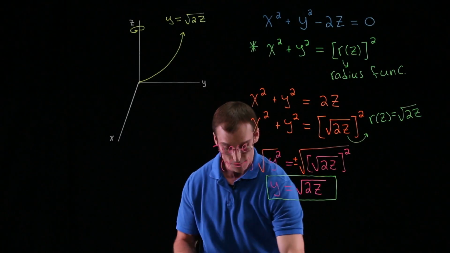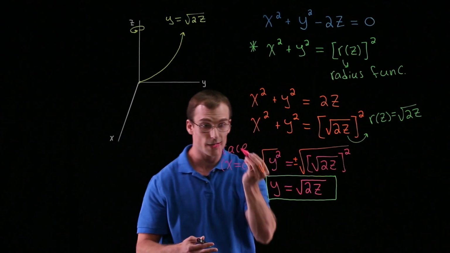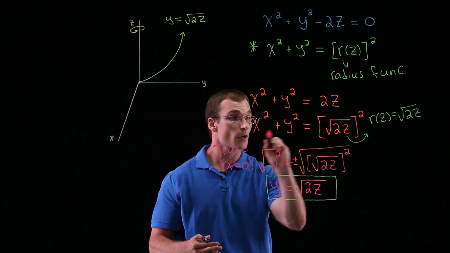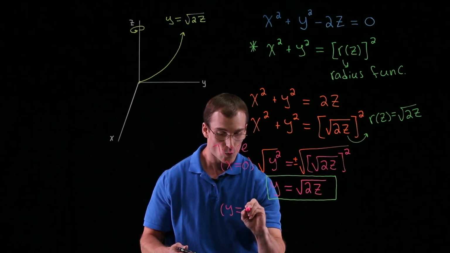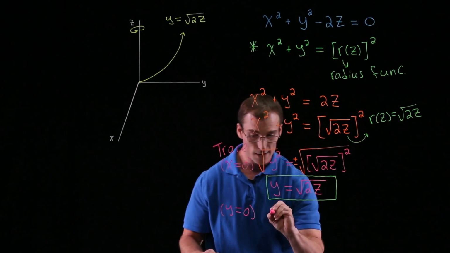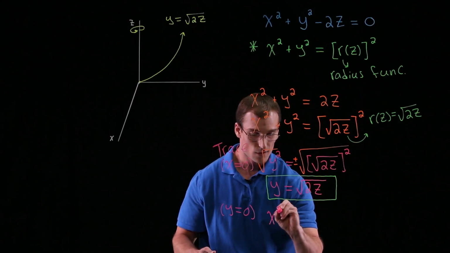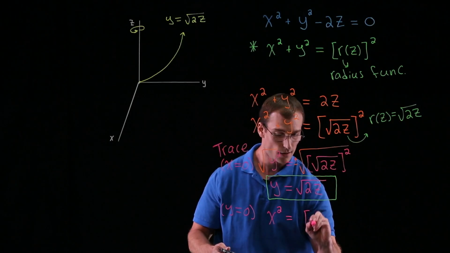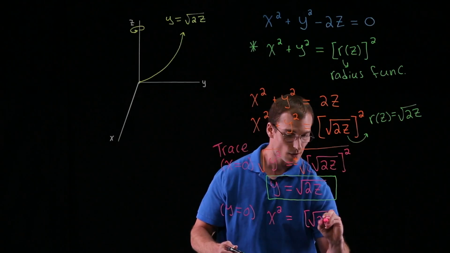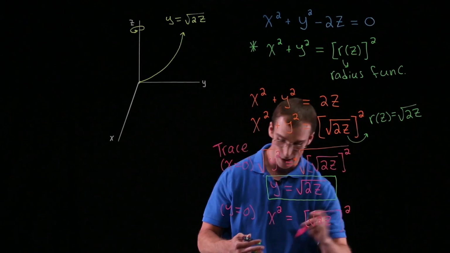Like we said, that's one generating curve. Now for another generating curve, coming back over here and looking at the trace of our equation in 3 variables, if we let y be equal to 0, that gives us x squared equal to the quantity square root of 2z, squared.